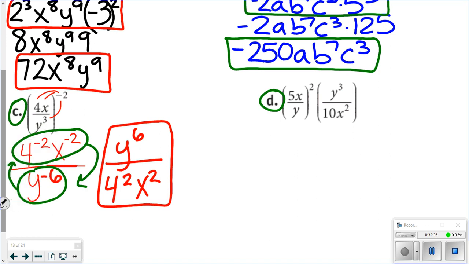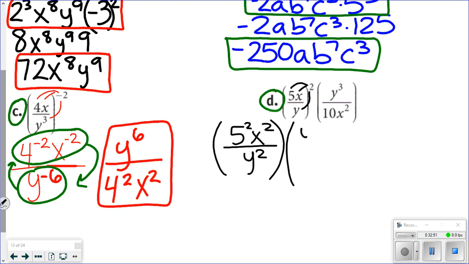All right, this last one, distribute, distribute, distribute. So 5 squared x squared over y squared multiplied by y cubed over 10x squared. What can we do with this one? I'm going to multiply straight across and just kind of combine them.